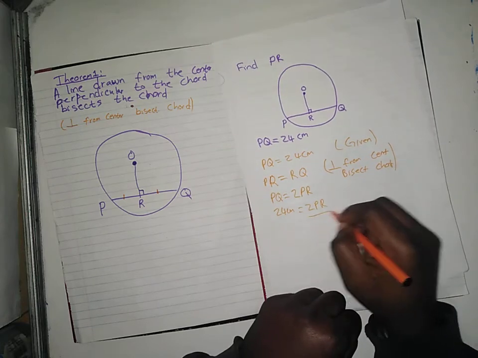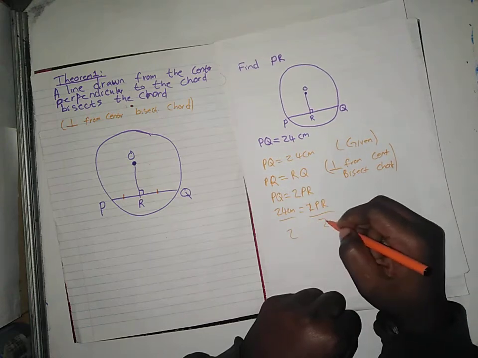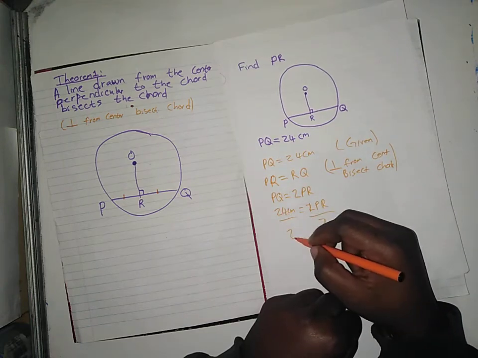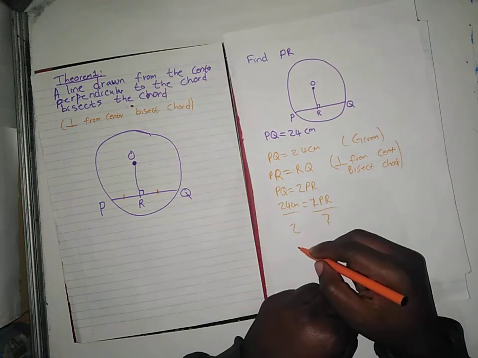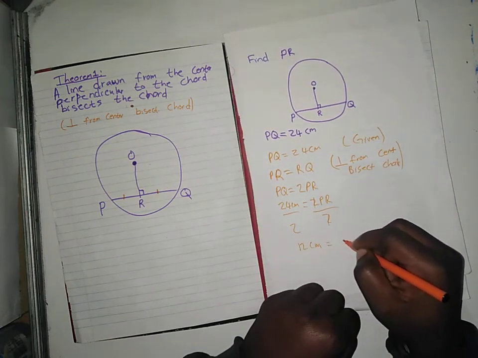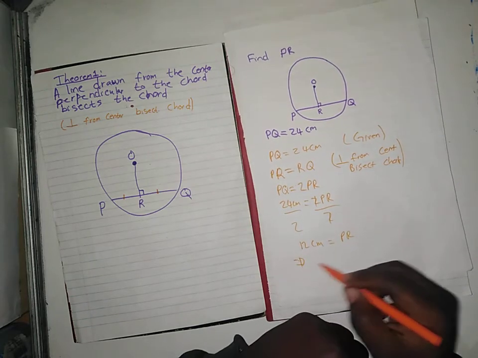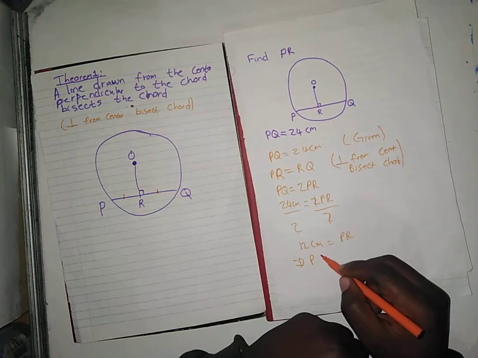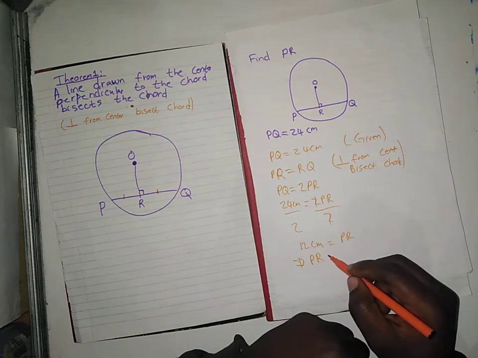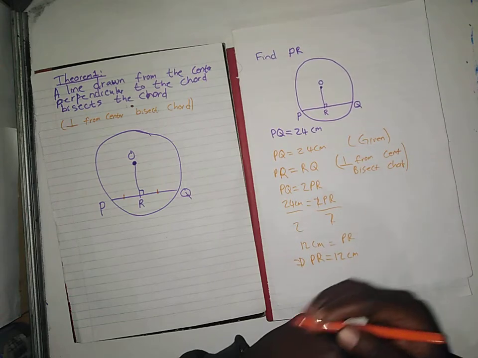And then divided by 2, divided by 2, and this 2 is going to cancel this 2, and 24 divided by 2 is 12 centimeters, which is equal to PR, which then says PR is equal to 12 centimeters. Okay.